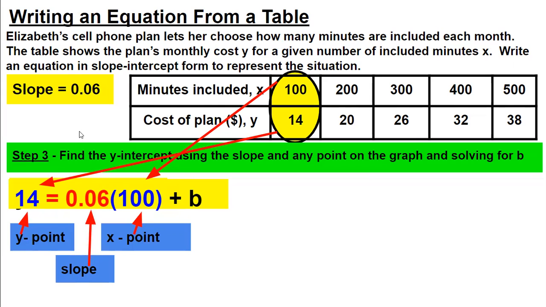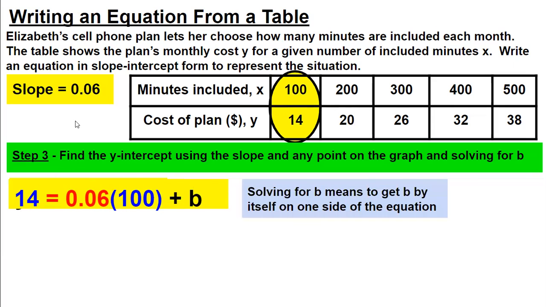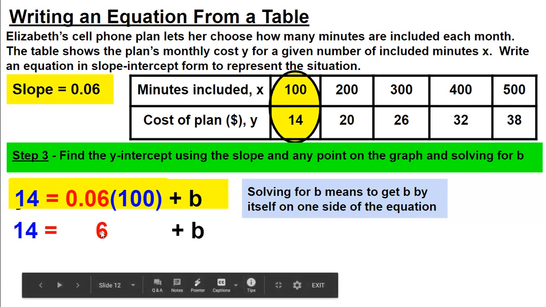So our first thing is to use the order of operations and multiply these two numbers. Solving for b means to get b all by itself on one side of the equation. So first we multiply. 0.06 times 100 turns out to be 6. We still have our 14 on the left side, and we still have our plus b over here.